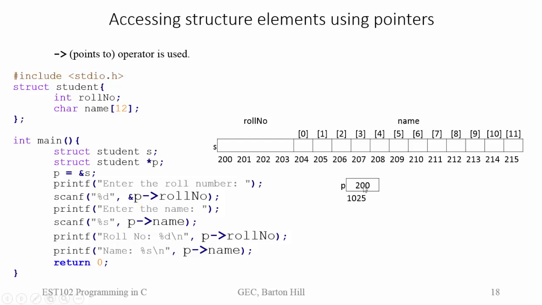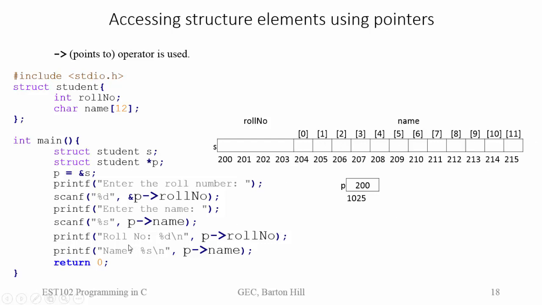So p is 200, and p->roll number means in address 200 it is pointing to the member roll number. If we want to access the name member, we can simply give p->name. We have address 200 in p, and inside that we want to access the member name, so it will be accessing this part of the structure.